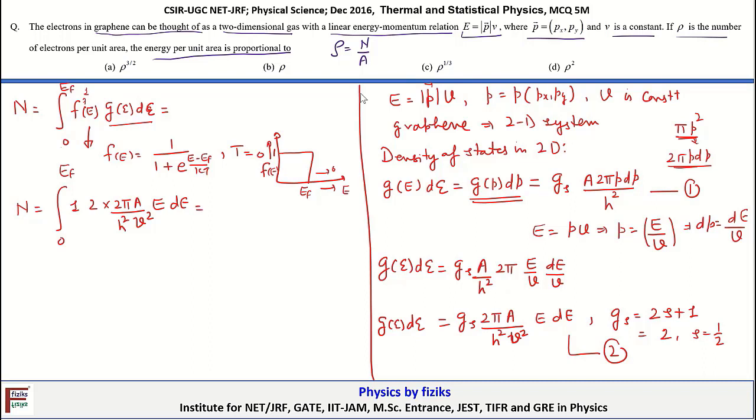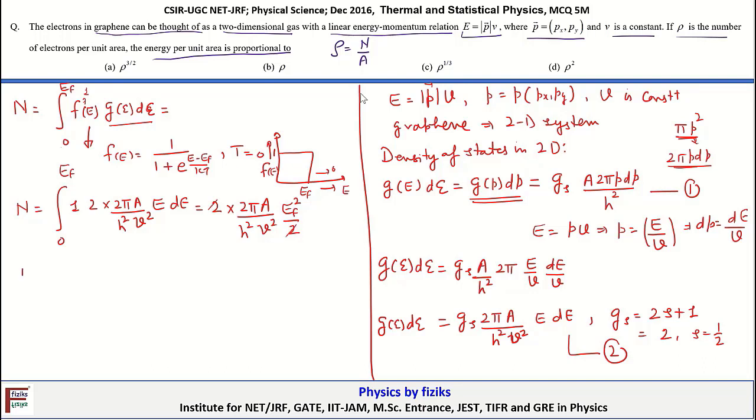Okay, so this comes out to be equal to 2 into 2 pi A upon h square b square and EF square by 2 after plugging the value of the limits. Okay, so this 2 will cancel with 2.